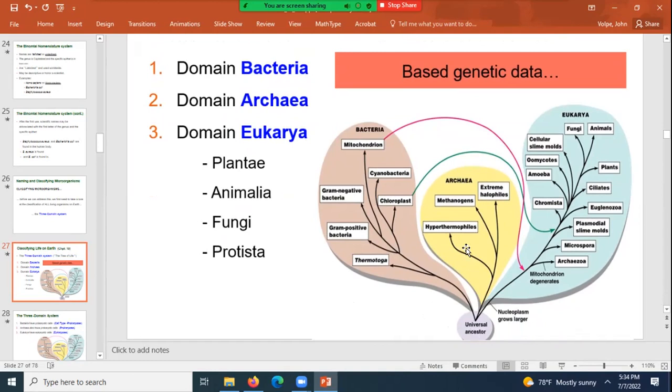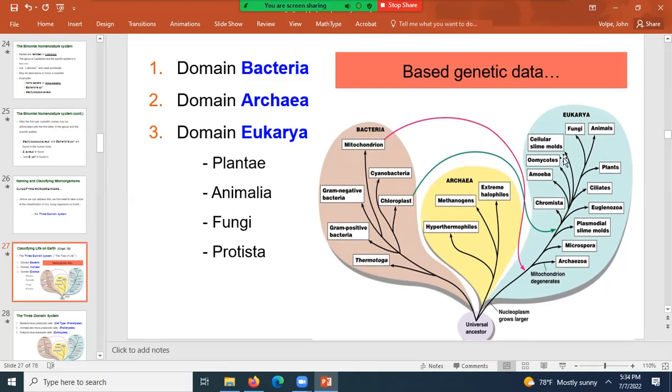And so the archaea are actually a little more similar to the DNA sequence of the eukarya than they are to the bacteria. And that's just a slight difference, meaning all the archaea are similar to each other, but they're very different from the bacteria and the eukarya. Any questions about any of that?